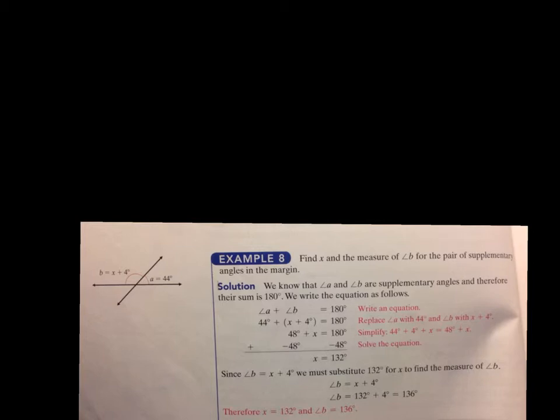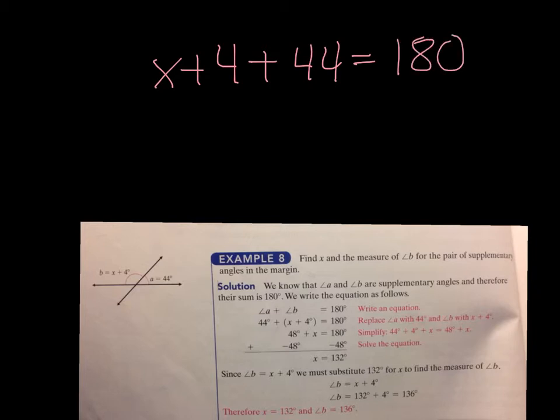We'll start over here. So let me write it again. Angle B, x plus 4, plus angle A, which is 44 degrees. And I know they have it switched on your example, but either way works because it's adding two numbers, or two sets, equals 180. Okay. And then if you still need the visual, it's right here. So angle B is right there, and angle A is right there.